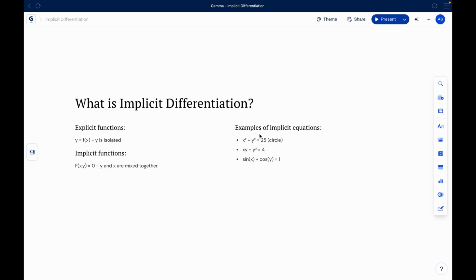A few examples are x squared plus y squared is equal to 25, which is the equation for a circle, xy plus y squared is equal to 4, and sine x plus cosine y is equal to 1. What we will be solving in implicit differentiation is for dy by dx.